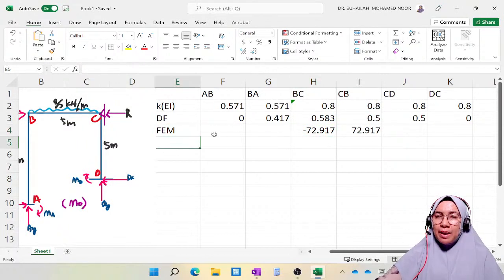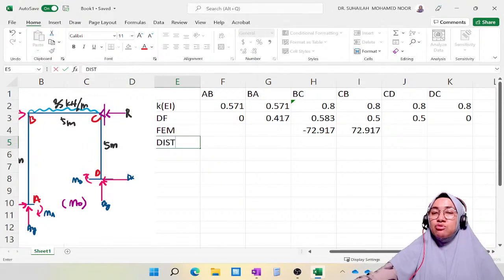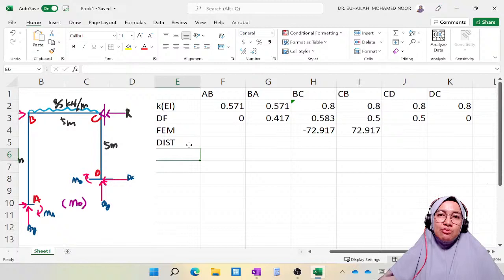FEM is the first member end moment in the table. We use the table to calculate member end moments. One important thing: the first thing to do in the table is to distribute moment, and the moment that we distribute is not the member end moment but the joint moment.